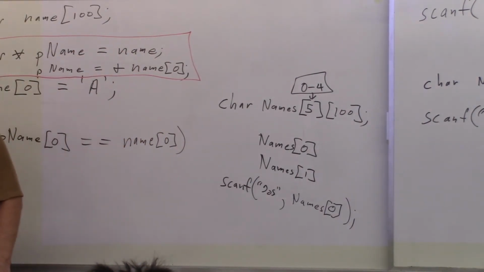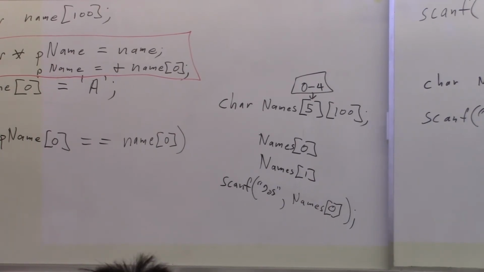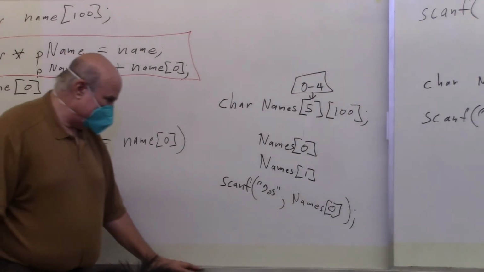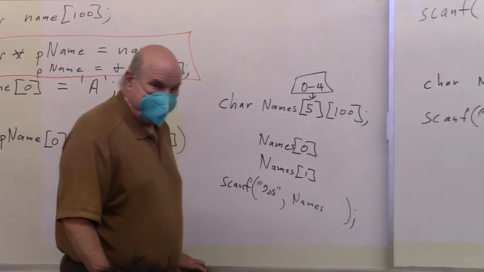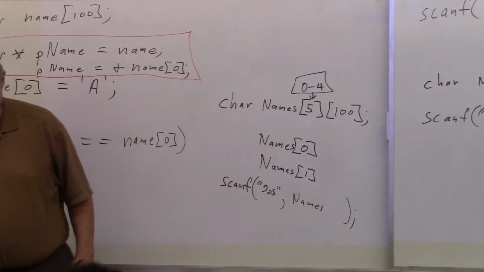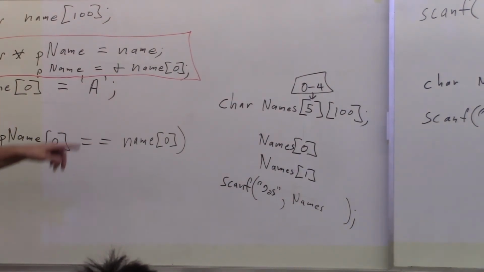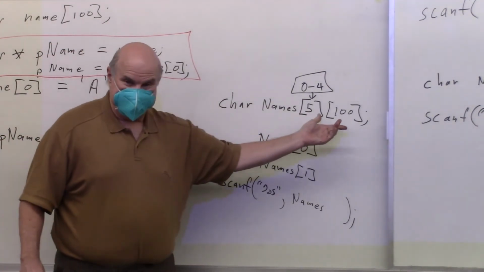But you can't put it into the 5 array itself and not the 100. You mean if you just said names here? Yeah. Names is a pointer, but it's a pointer to the array of arrays. That's what a two-dimensional array is.